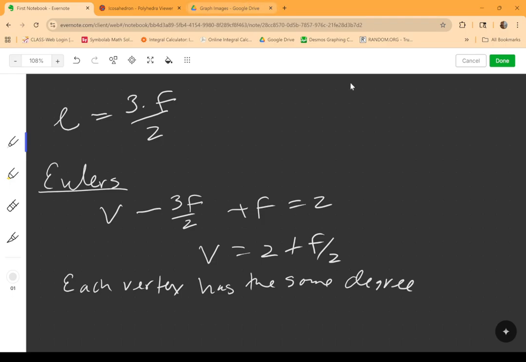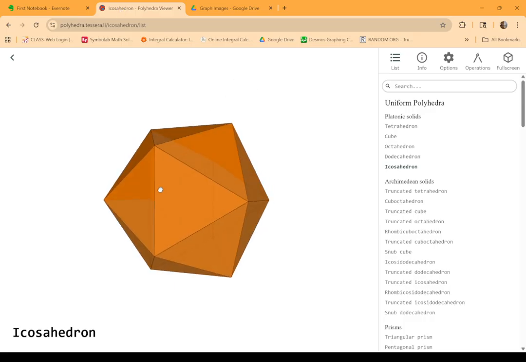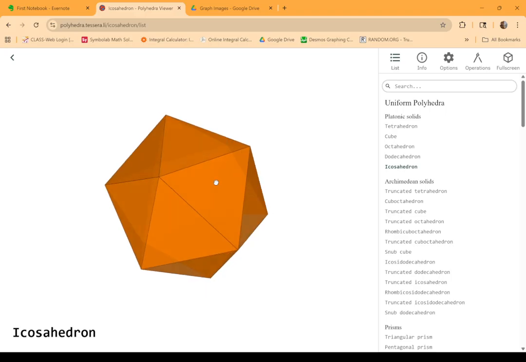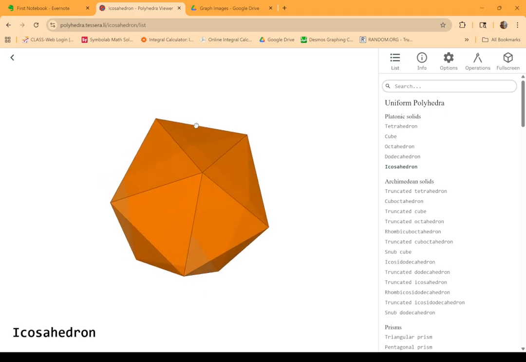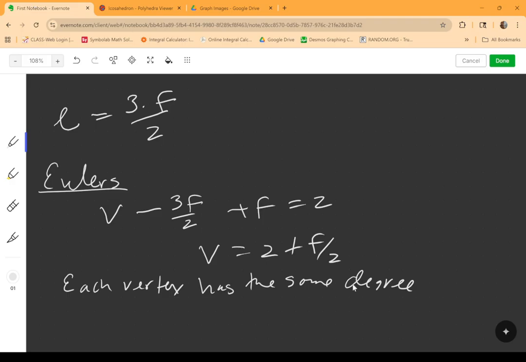Okay, you can see here why that has to be the case, since all the faces are the same, right? The vertex has this kind of symmetry where each vertex has to have the same degree. Let's call that degree k.